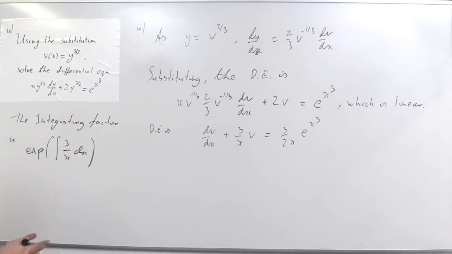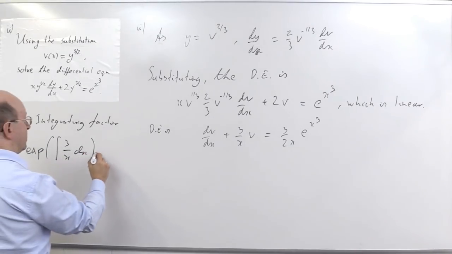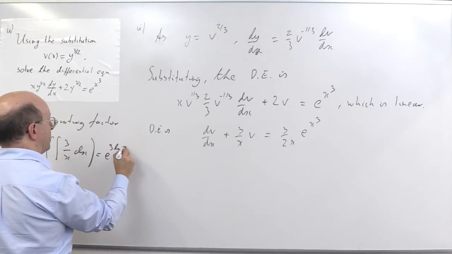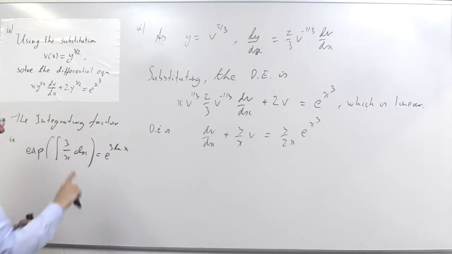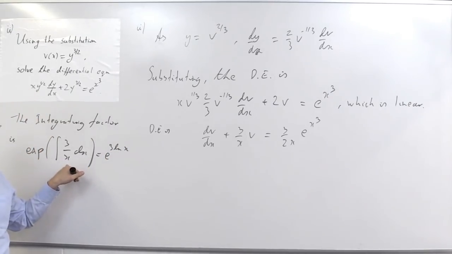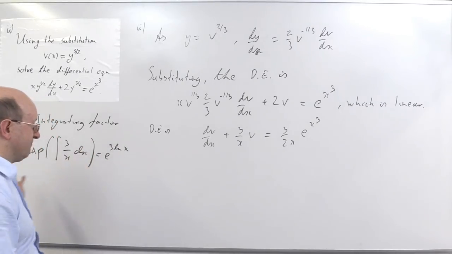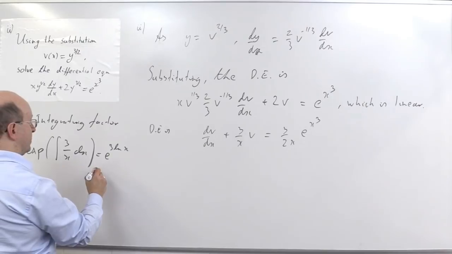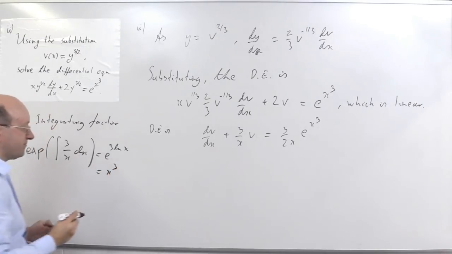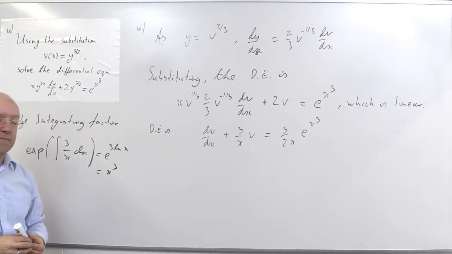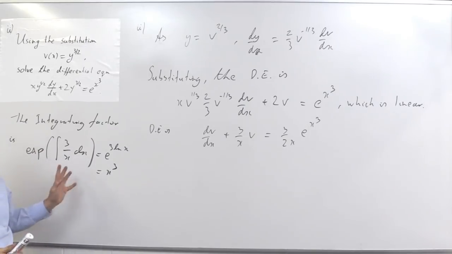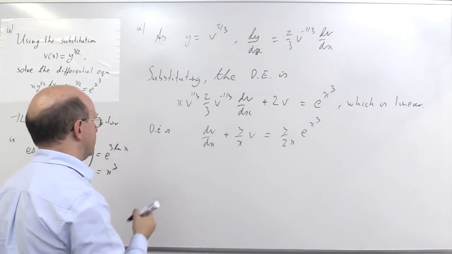Well, that's just 3 times log x. So that's e to the 3 log x. Remember, we don't bother with an arbitrary constant in this part of the integral. It would just multiply everything through by a constant in the end, which would just cancel off. That, of course, is x cubed. So we multiply this differential equation through by x cubed.